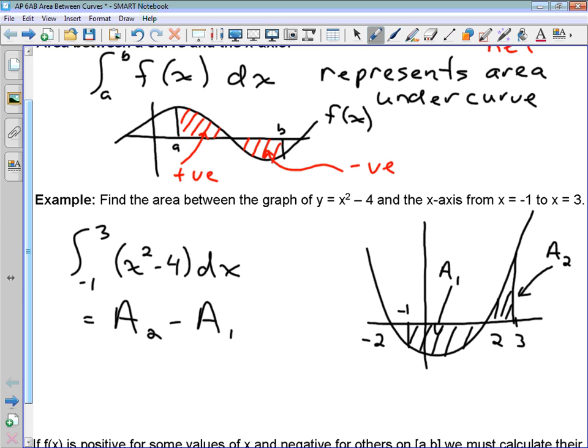It would take those two areas and subtract them. So it's giving us the net area in that region.